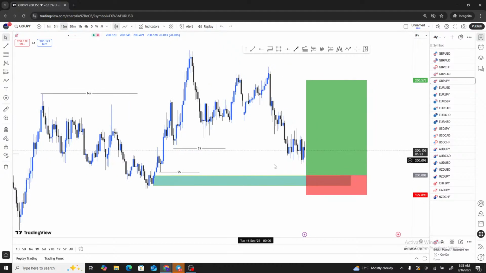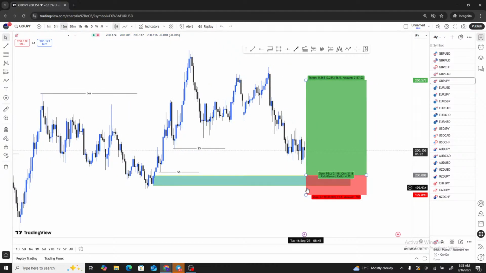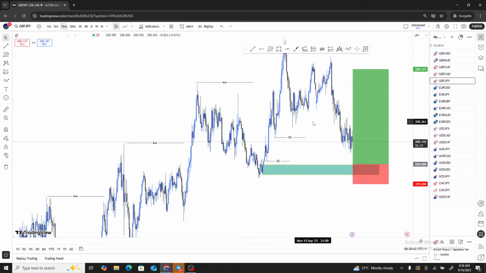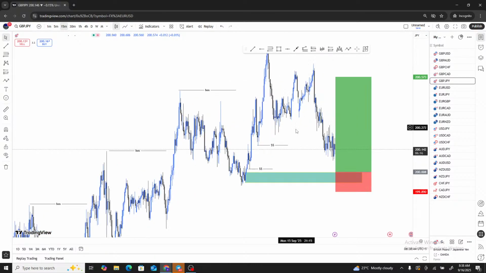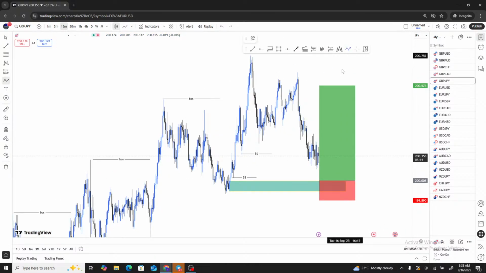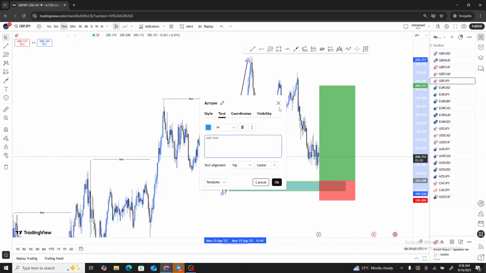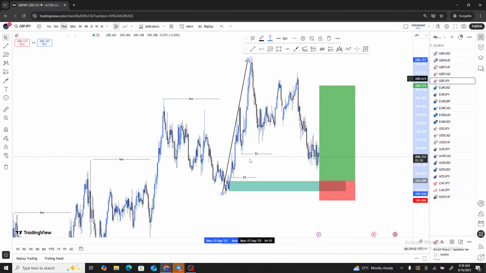We are taking this trade because first of all our confluences have been met, whereby there is a break of structure.